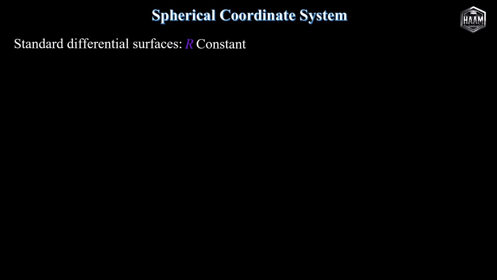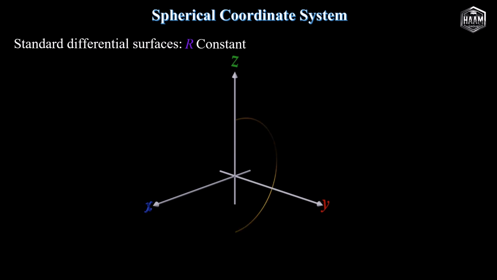Now, let's consider yet another constant capital R surface. The same point at distance capital R sub 0 from the origin on the z-axis. Again, we can vary theta from 0 to pi. Now let's take phi from pi to 2 times pi.